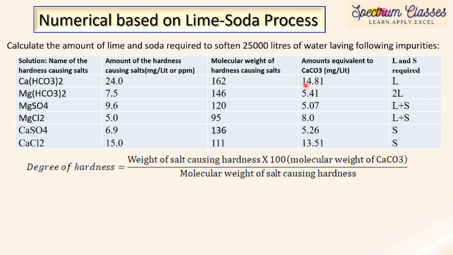Now we come to the point of what kind of chemical is required for each type of salt. As we discussed in the reaction part, calcium bicarbonate requires lime, magnesium bicarbonate requires 2 moles of lime, whereas magnesium sulfate and magnesium chloride require lime plus soda, and calcium sulfate and calcium chloride require only soda.